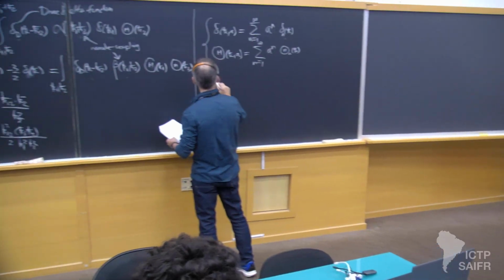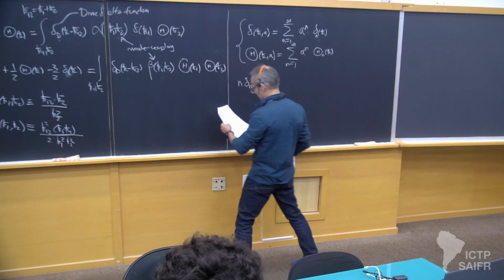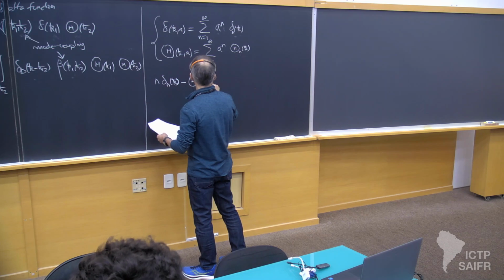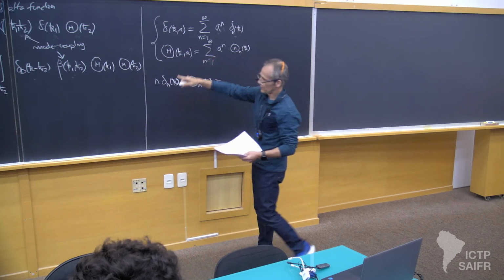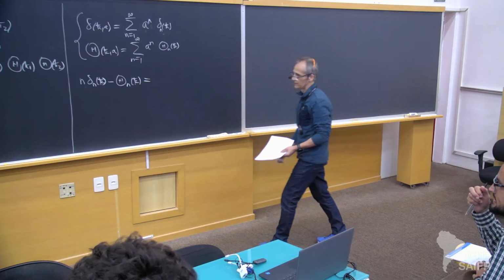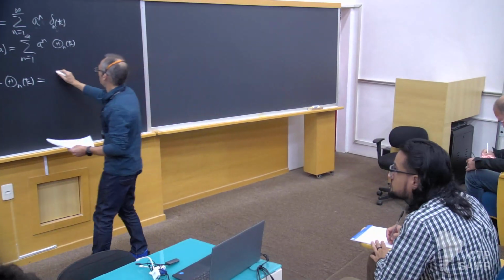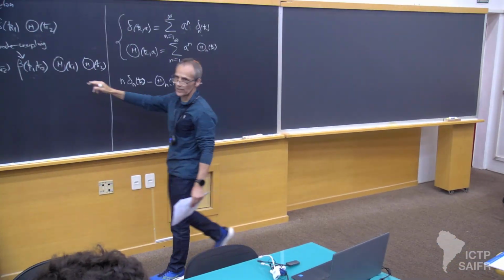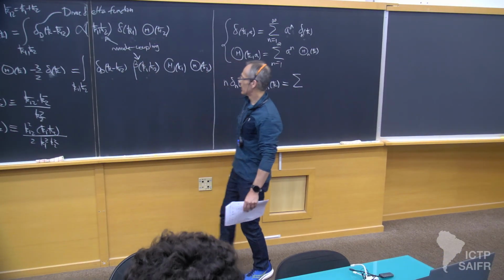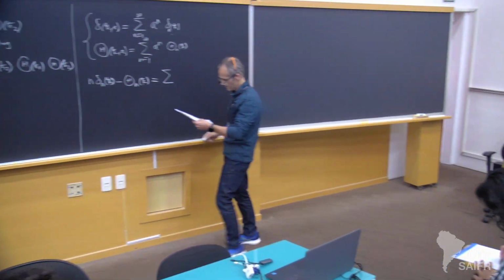So when I do that, I collect powers of a to the n. In the first equation, you can see now the log derivative brings down an n. And on the right-hand side, I have all the ways that this product can sum up to a to the n.